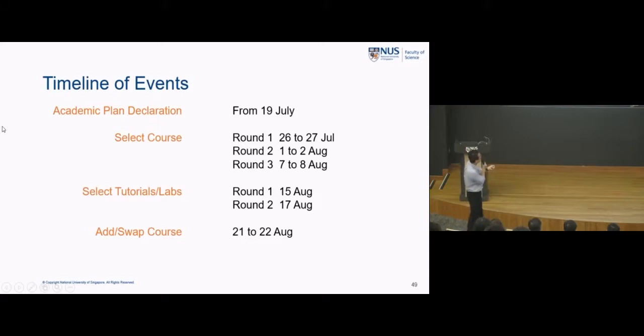So it is during this process, after you have secured a slot in that particular course, that you then go in and try to fill it up with which tutorial time slot or which lab time slot you would wish to be allocated to. All right, so this is the 2 rounds of selection for tutorial and lab time slots.